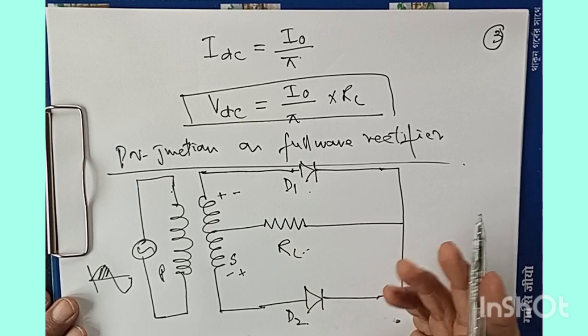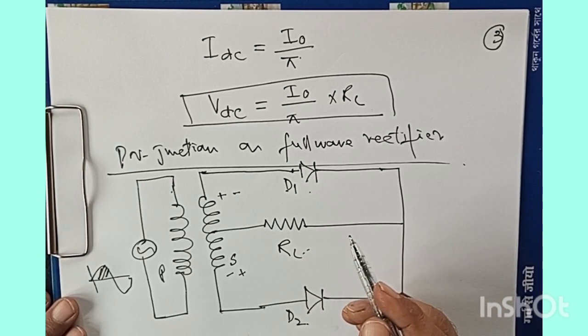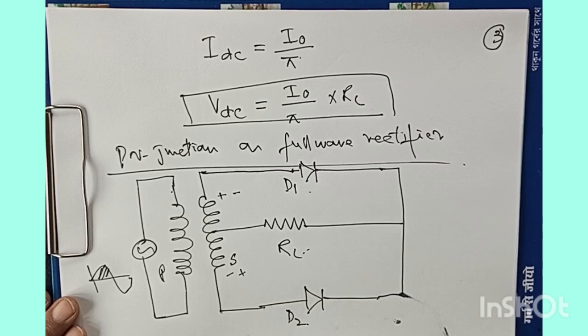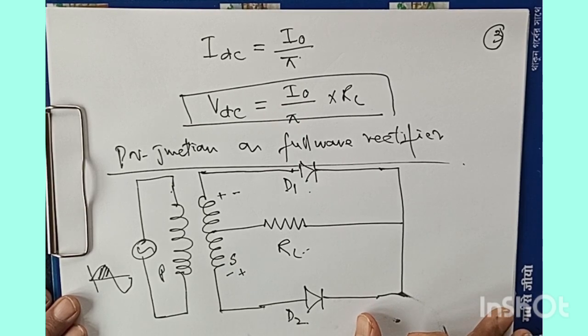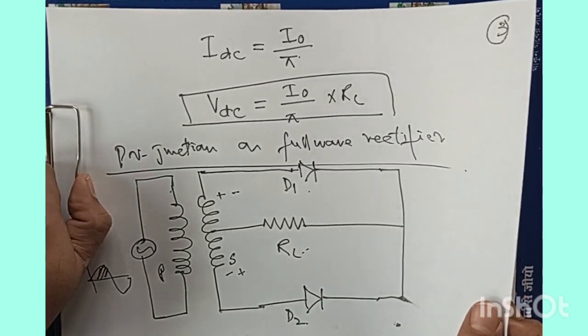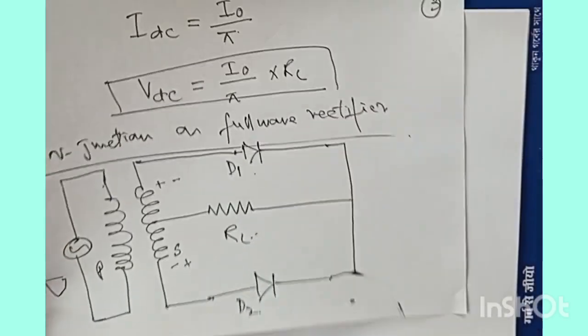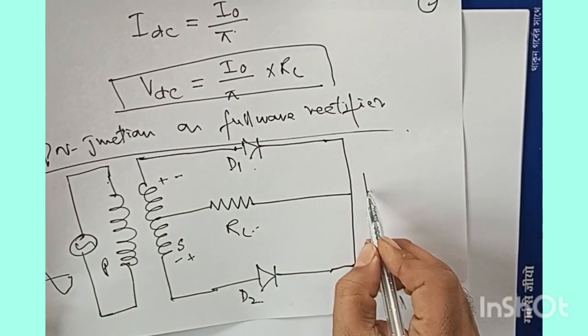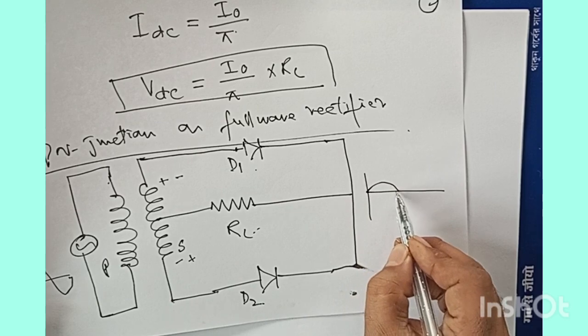Now, since both the halves of the input wave are rectified, that's why this junction diode circuit is called a full wave rectifier. Certainly this rectifier has advantages because we are making use of both the cycles. In a full wave rectifier, the output is continuous, right? We will have a continuous output in this case.